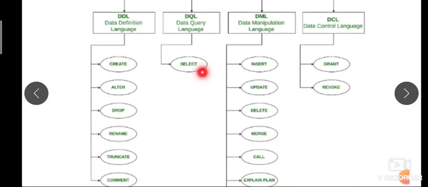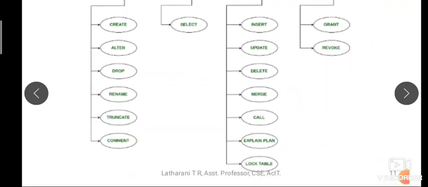Then DQL, data query language, has one statement called select, which is of most importance to us to work with the database. Then data manipulation language consists of statements like insert, update, delete, merge, call, explain plan and lock table.